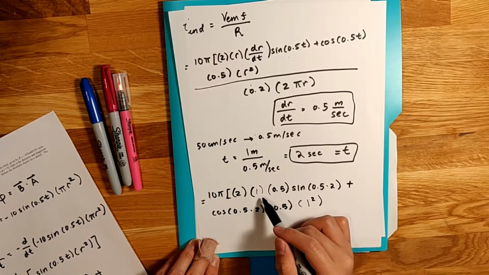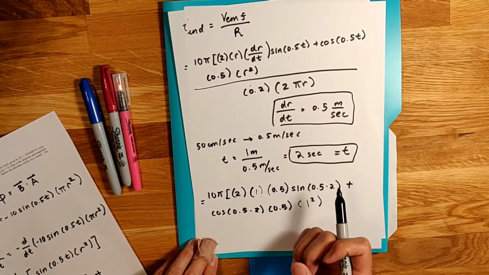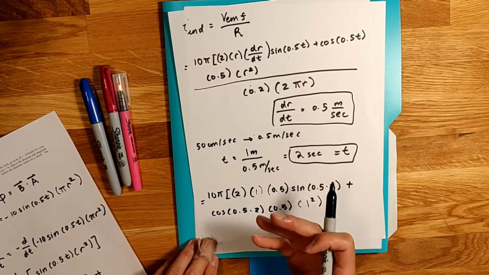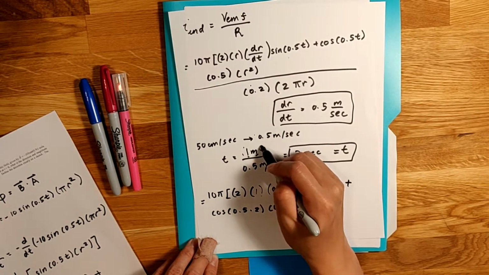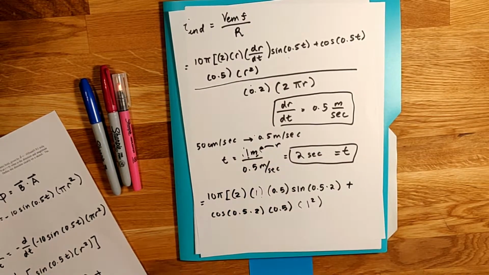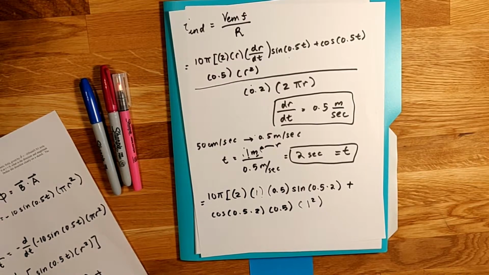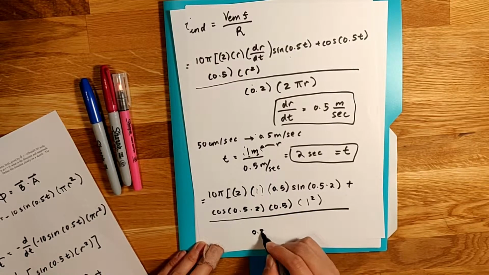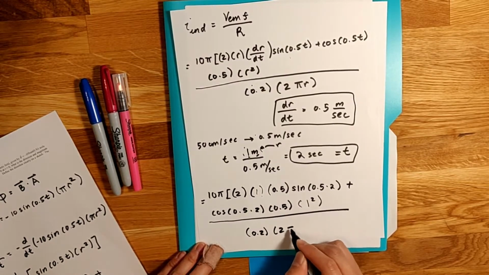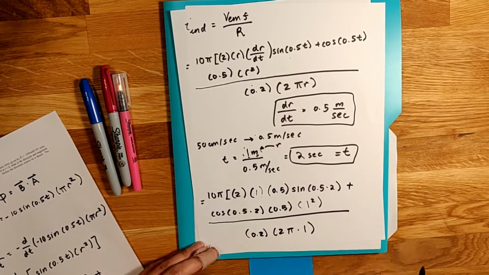Again, the radius is 1 because we are interested in finding the induced current when the radius r is at 1. And this is the radius. And all of this will be divided by 0.2 times 2 pi times 1.